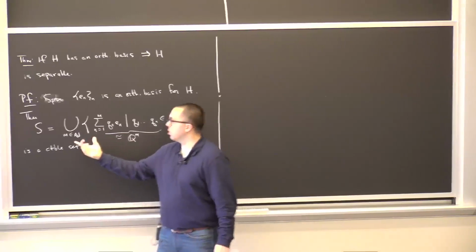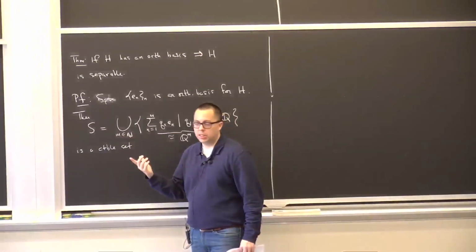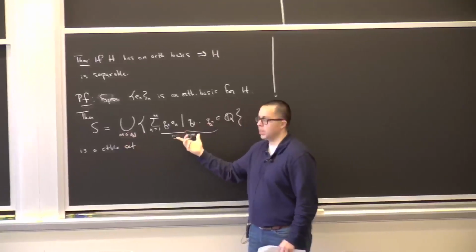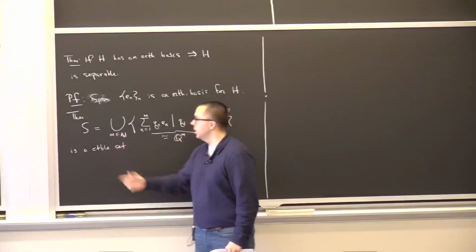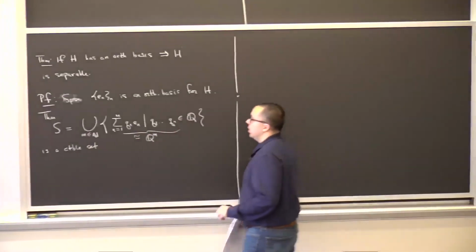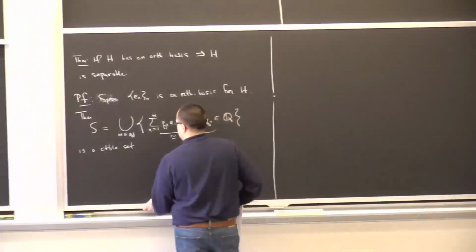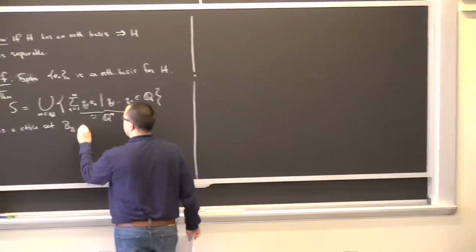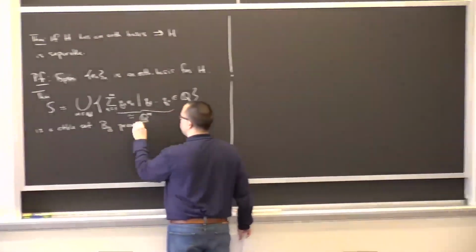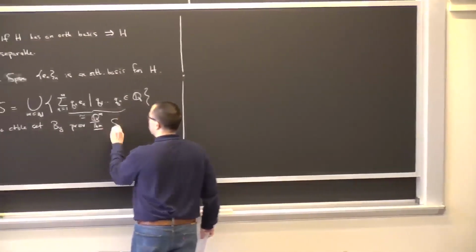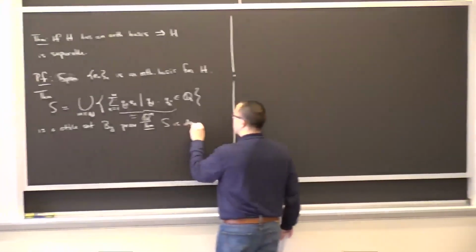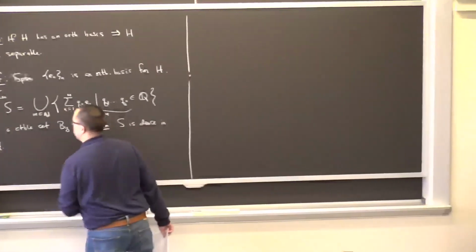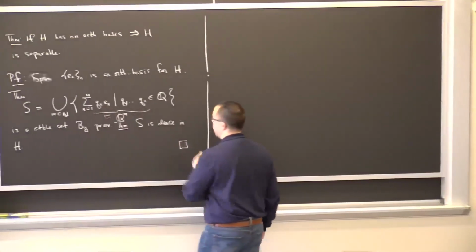And then we're taking a countable union. Another thing you prove in 18100 is that a countable union of countable sets is countable. So that's why S is countable. And then, by the previous theorem, S is dense in H. I'm going to put a box here and explain why.